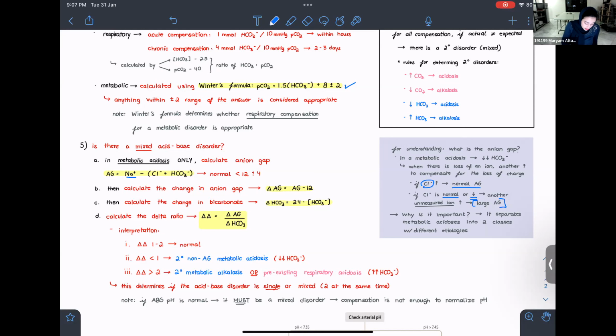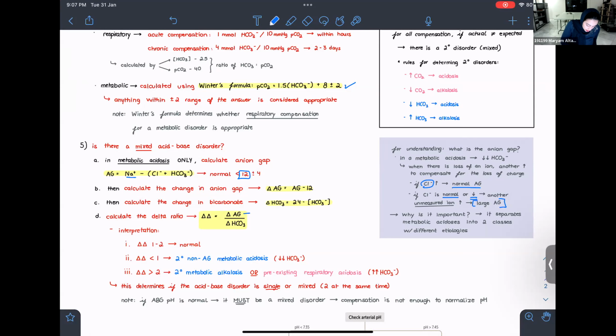So what that means is we're going to calculate the anion gap. And then you're going to calculate the change in anion gap. If we know the normal is 12, then we're going to say, okay, this minus 12. I know it looks very complex right now, but if we're calculating the change in anion gap, and we're calculating the change in bicarb, that allows us to see this type of ratio.